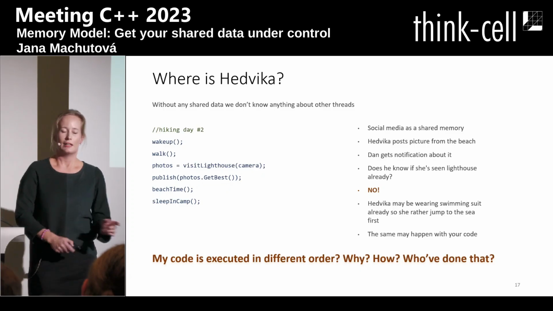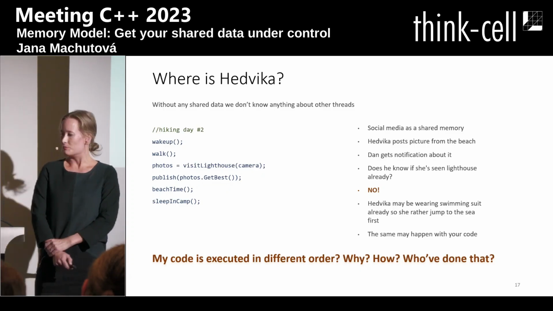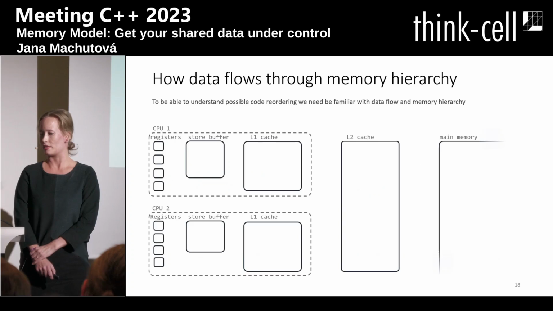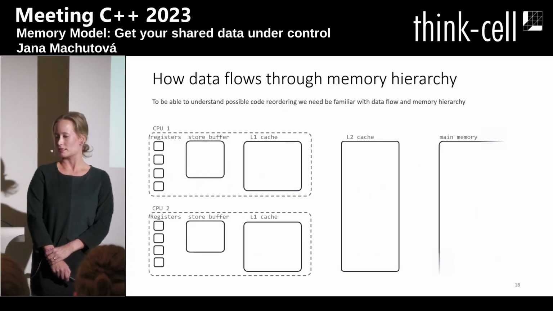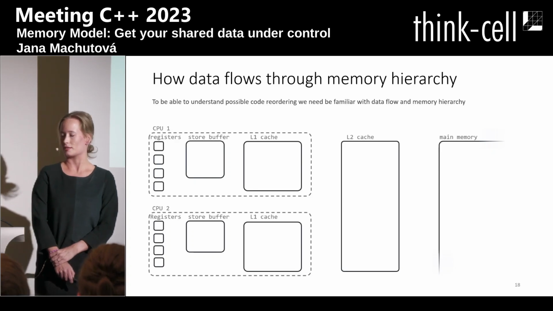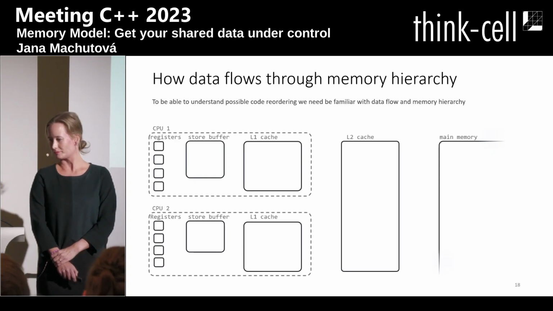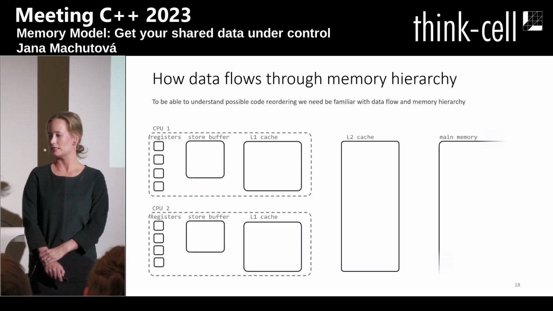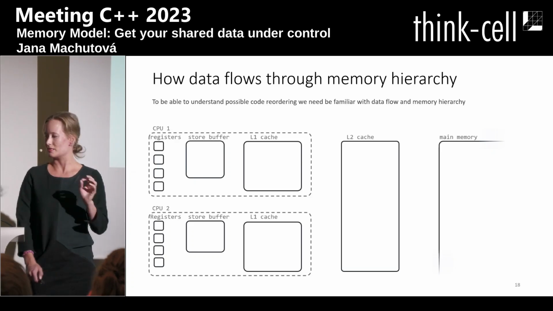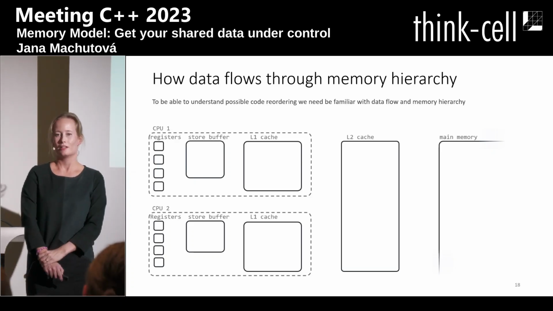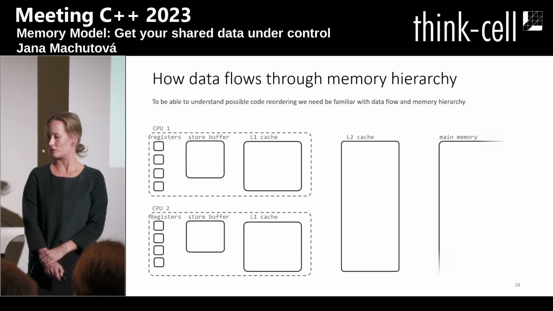So I will give a small view of what happens in memory to be able to understand why our code is reordered and what the consequences are for us. So first, this is very simplified, just to be able to understand the basic points which are necessary for us.